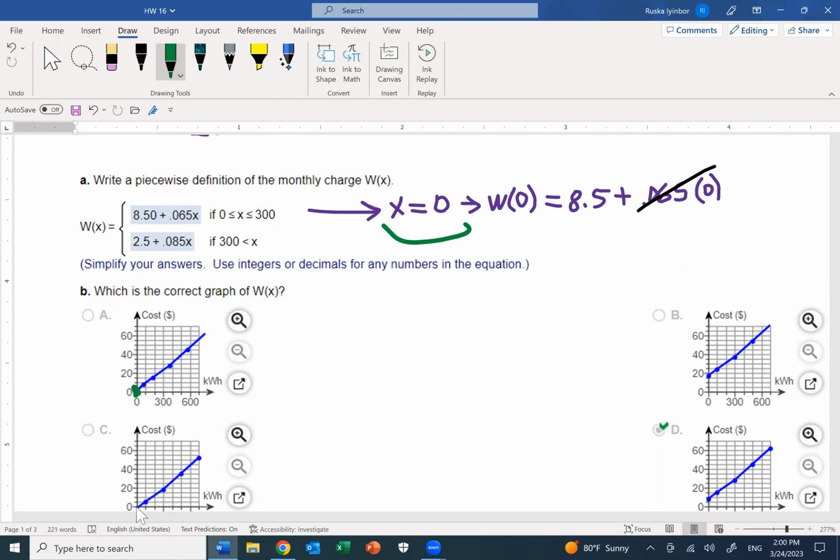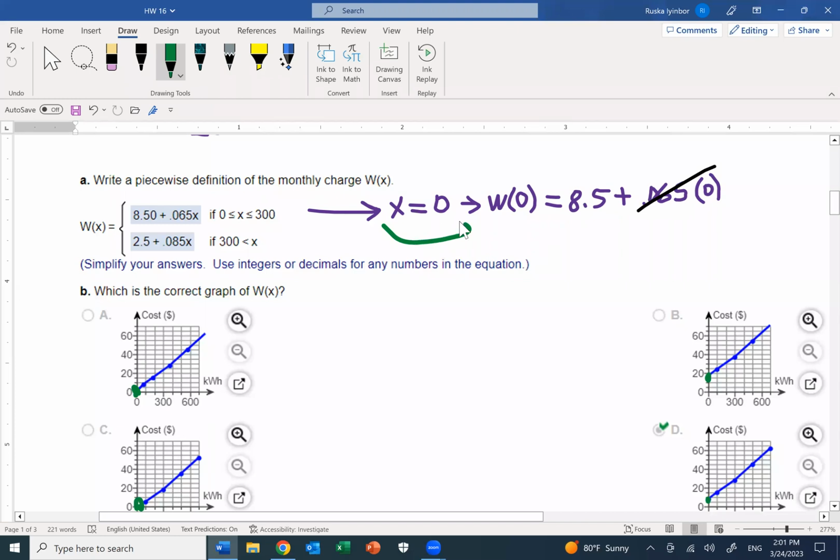The next graph here also starts from 0, 0. So obviously it's not those two. So it's going to be B or C. B starts close to 20 and D starts low, kind of close below 10. When you zoom in, you'll see.